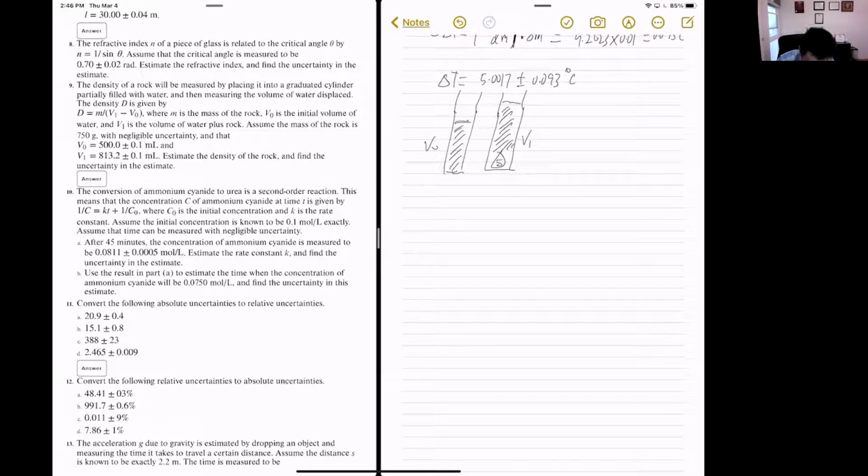So let's call V the volume of the rock. V rock is equal to V1 minus V0, the new volume minus the old volume. So that's the volume of the rock, which is equal to this, based on the question.